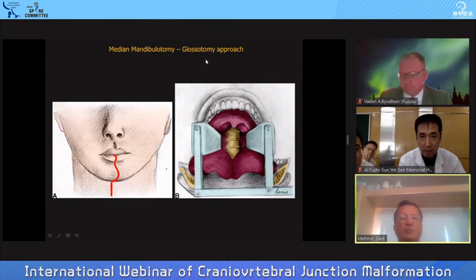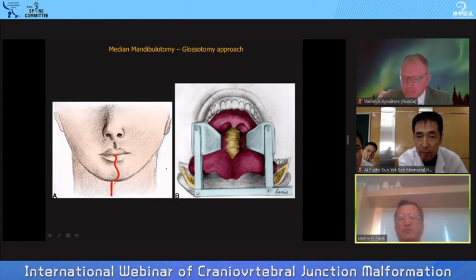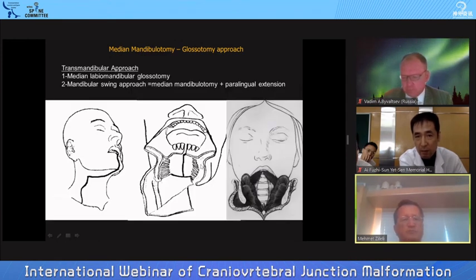Median mandibulotomy or glossotomy is another very huge surgery. At the start, you have to make a tracheostomy in this approach. There are two ways. One is the median labiomandibular glossotomy. The other one is the mandibular swing approach.